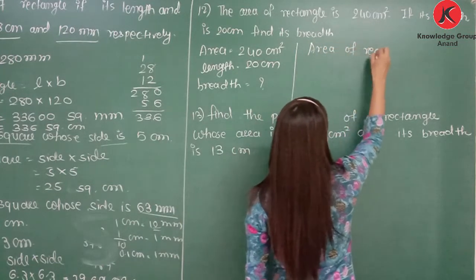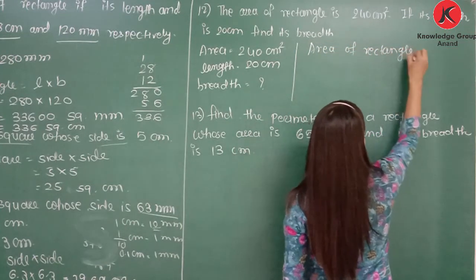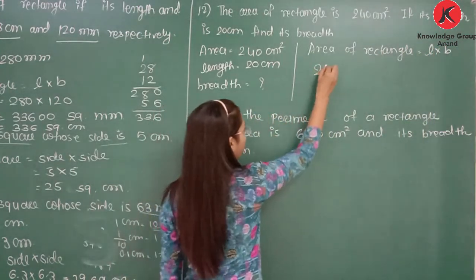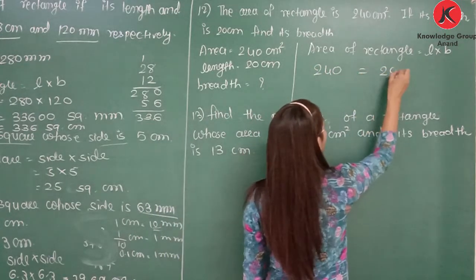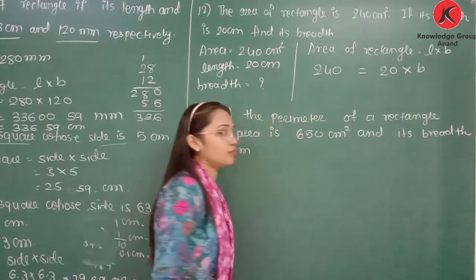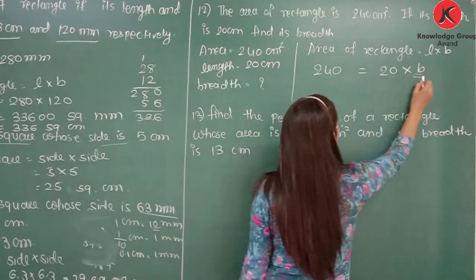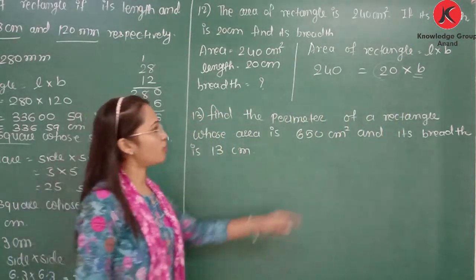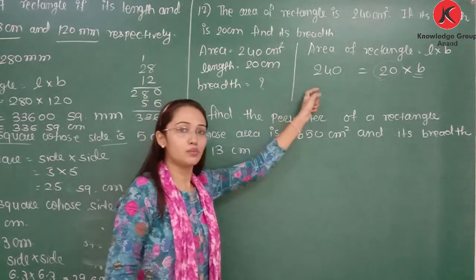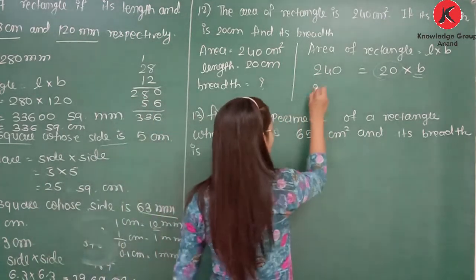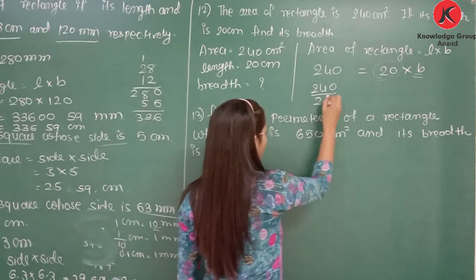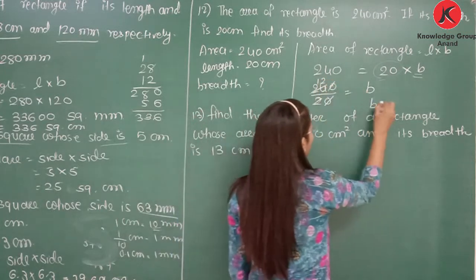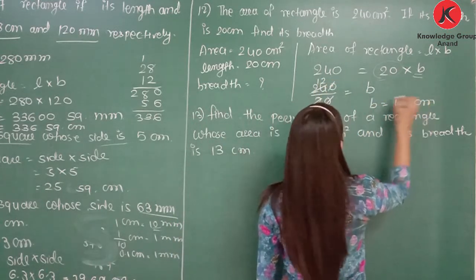Area of a rectangle, that is L multiplied B. Area is given 240, length is given 20, and breadth that we need to find. So to find breadth, take this 20 from left to right. 20 is in multiplication, so we need to apply inverse of 20, that will be division of 20 on the right side. So 240 by 20 is equal to B. 0, 0 cancels, so 12. So B is equal to 12 centimeters.